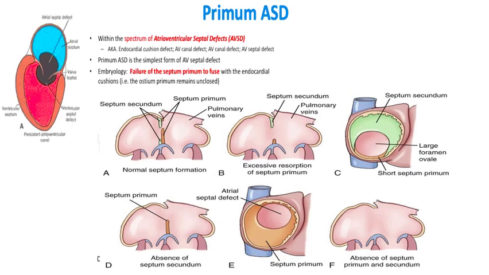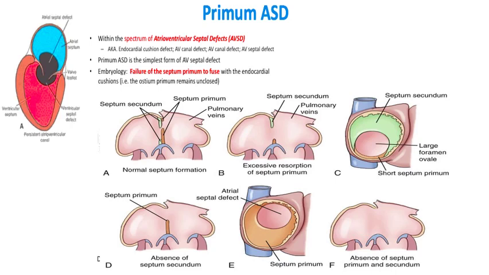The septum secundum is there and there is more resorption of the septum primum. There is a very short septum primum where the septum secundum will not be able to cross the cranial end. The cranial end of the septum primum has to be crossed by the septum secundum to have an oval fissure-like thing. It is the foramen ovale.